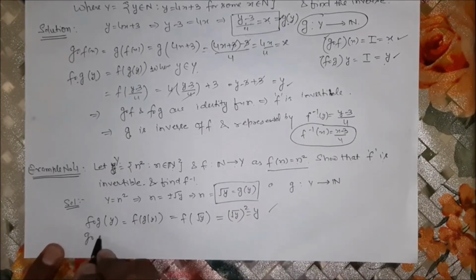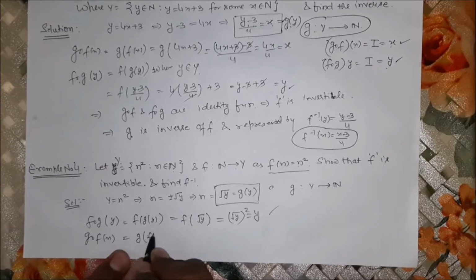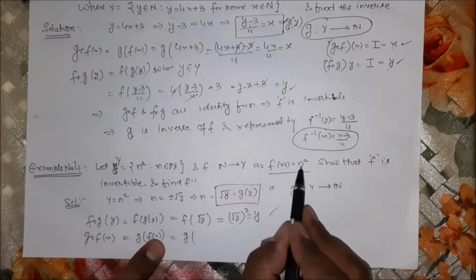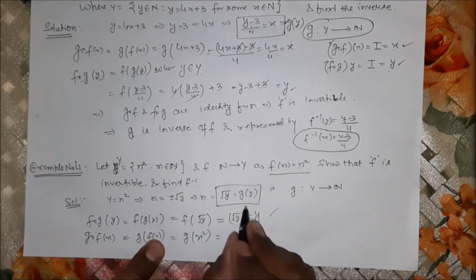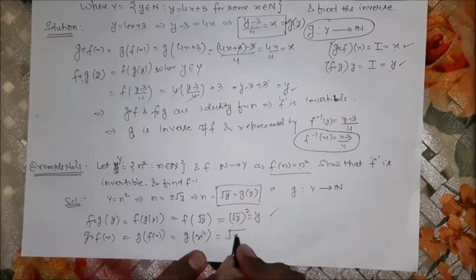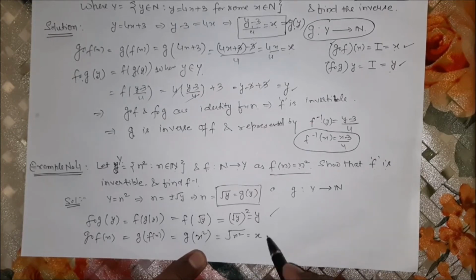Similarly, if we find gof of x, which is g of f(x), f(x) means x square, and g will take the root of the value, so it will take the root of x square and you will get x.